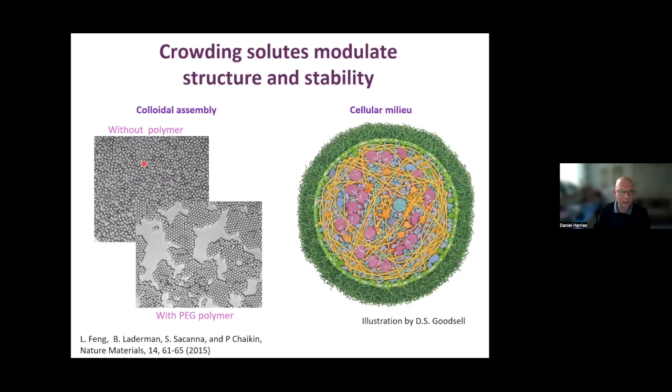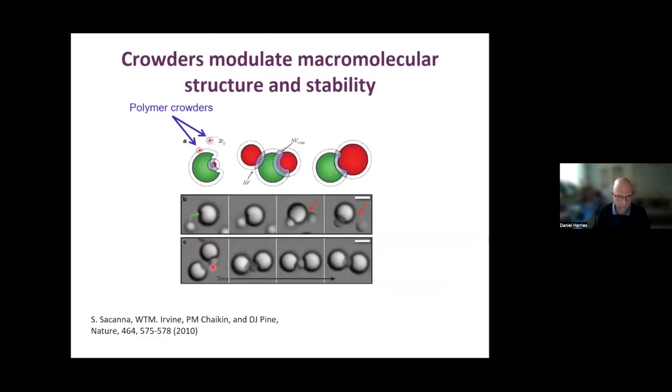You see these colloids in the absence of polymer and then in the presence of polyethylene glycol. And you see that apparently the addition of the polyethylene glycol promotes some kind of attractive interactions between the colloidal spheres, which is basically a depletion or crowding type of interaction.